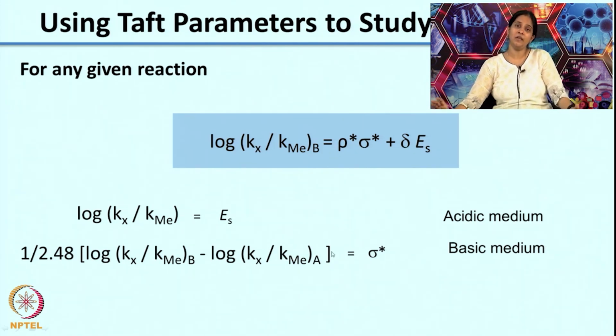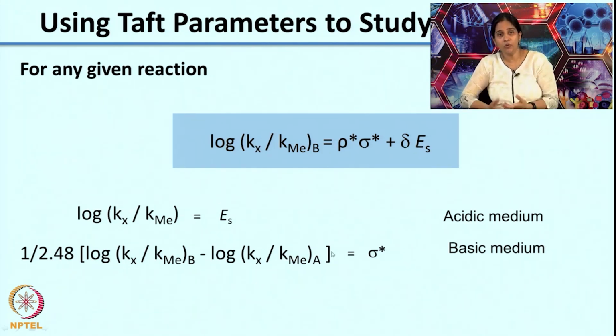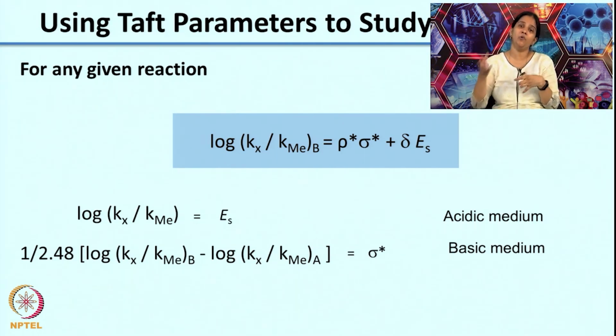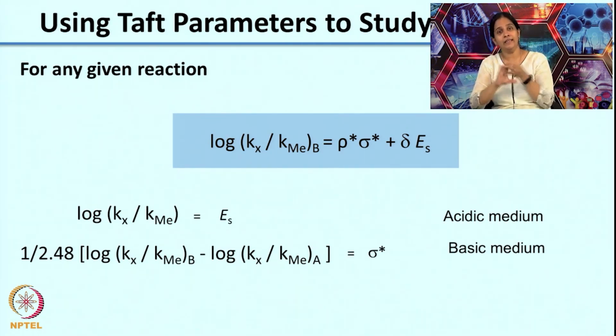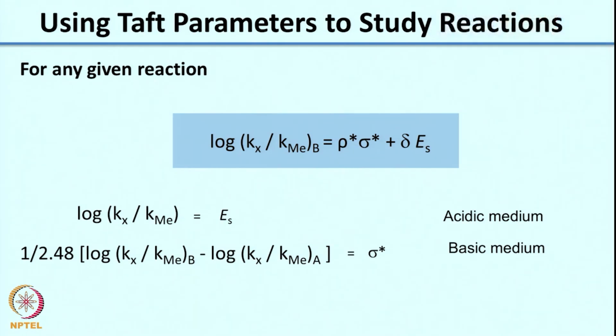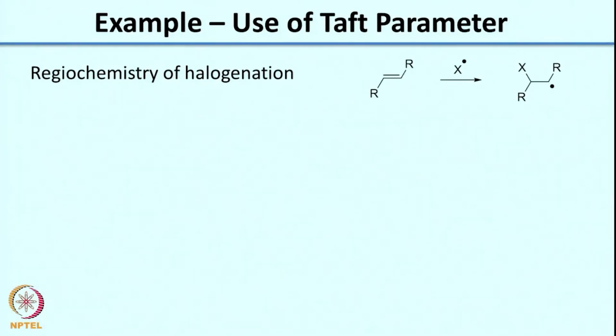So what can be done is for any new system or a new reaction, you see how it correlates with sigma star and Es. If there is a correlation with sigma star, you know that electronic effects are important for the reaction. If it correlates with Es, you know that sterics are important for that particular reaction.